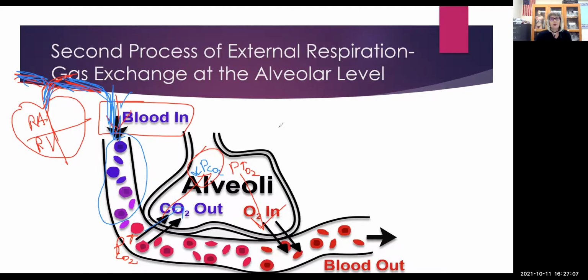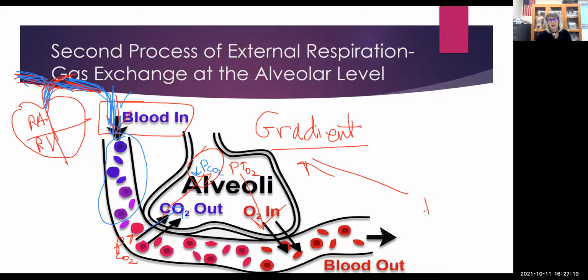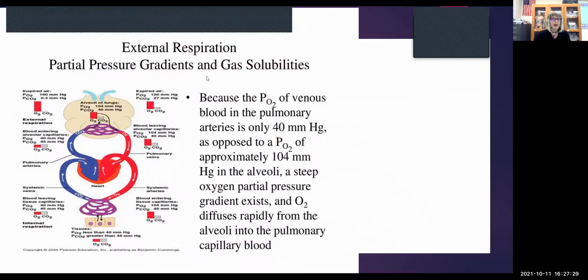Okay, and so we always focus on the gradient, and in this case, it's the gradient of these gases, the CO2 and the O2. Follow the gradient from high to low, just like rolling the ball down the hill. Okay, all right, so let me clear all annotations, and now we move on to the next slide.